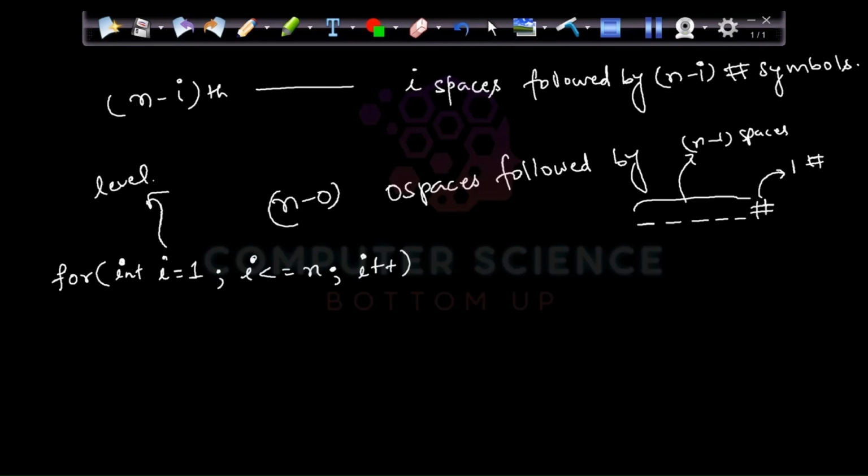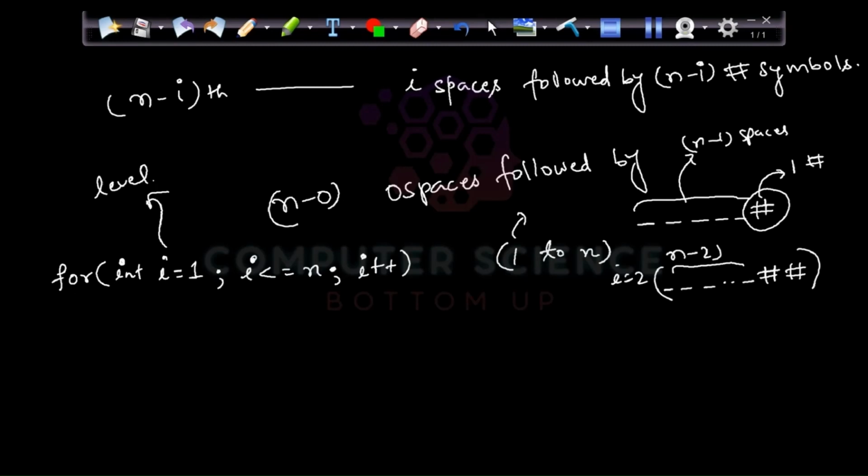I will vary from 1 to n. At the first level, you will have one hash symbol. When i is equal to 2, you will have two hash symbols, and these hash symbols are to be preceded by spaces. The number of spaces will be n minus 2.